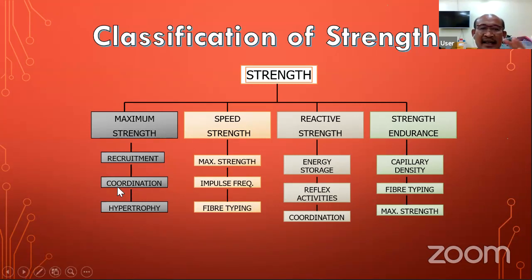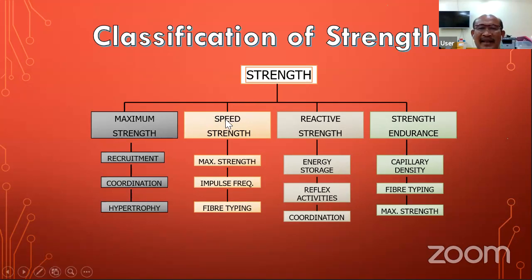We want to increase the coordination of the muscle, intramuscular coordination and also intermuscular coordination, in one muscle group or many muscle groups working together. And also some sports need to increase hypertrophy, like bodybuilding.